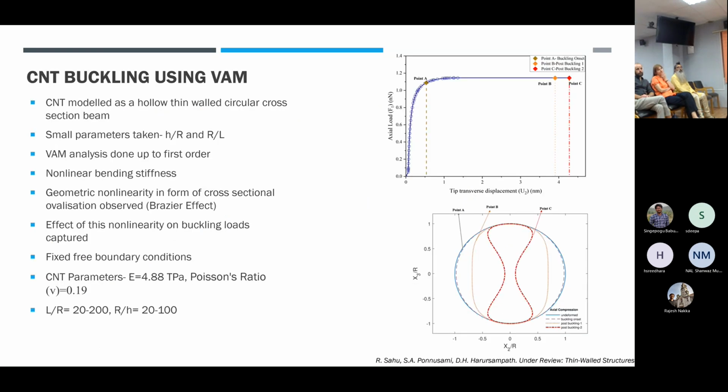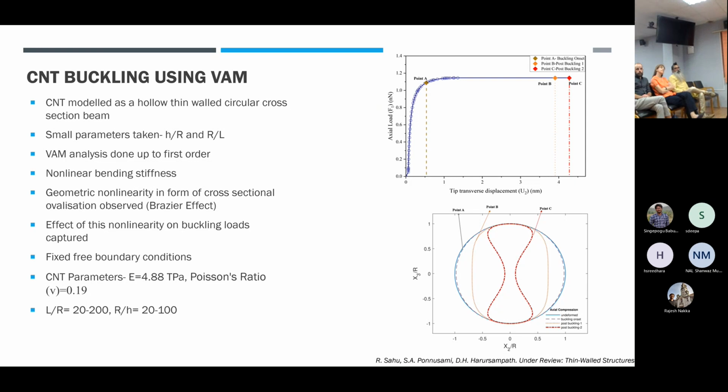So moving on, we went to the study of buckling of CNTs using VAM. Now here, instead of taking a very simple approach, we are including the small parameter h by r as well, which includes nonlinearity in the problem. Here we do the VAM analysis up to first order.